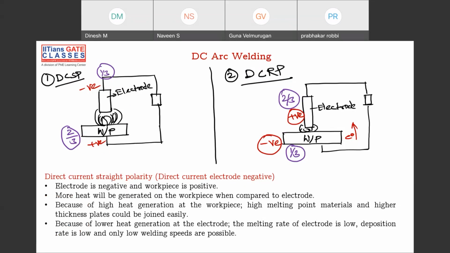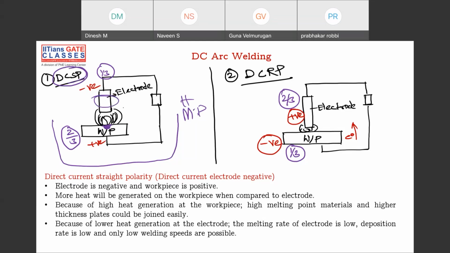Now, which kind of materials or which kind of setting can be used for which materials? So the direct current straight polarity setting can be used for high melting point materials. Why, sir? Because I want more heat to melt this material, right? So if you are using reverse polarity, more heat is generated at electrode.